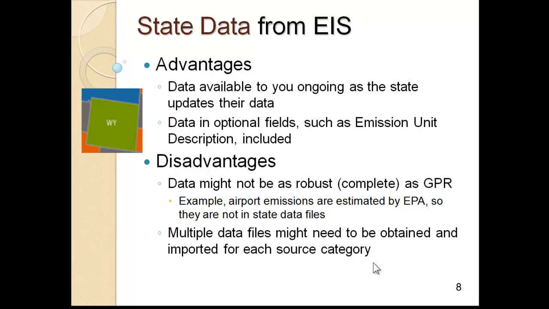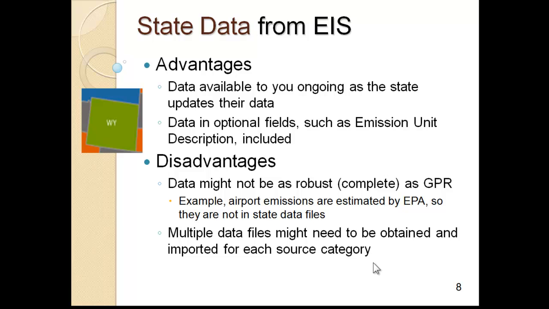One disadvantage of the state data is that it might not be as complete as the GPR data. So because the state data doesn't include any emissions estimates from EPA, there might be some data in the GPR that's not in the state data files. An example of this is airport emissions.